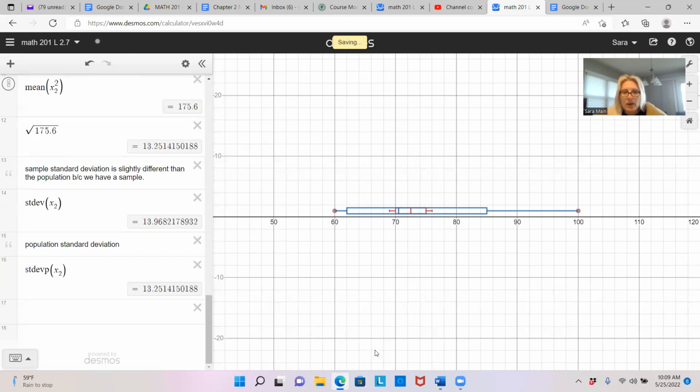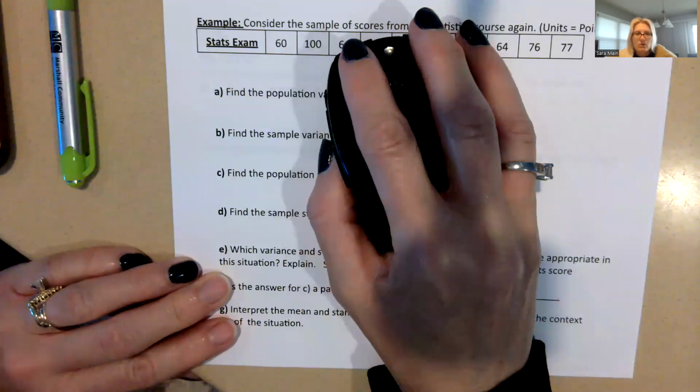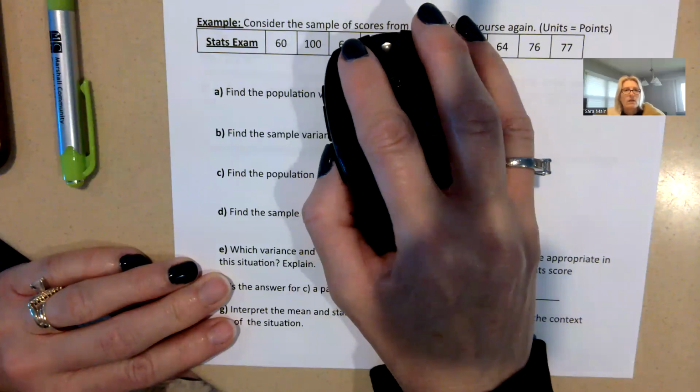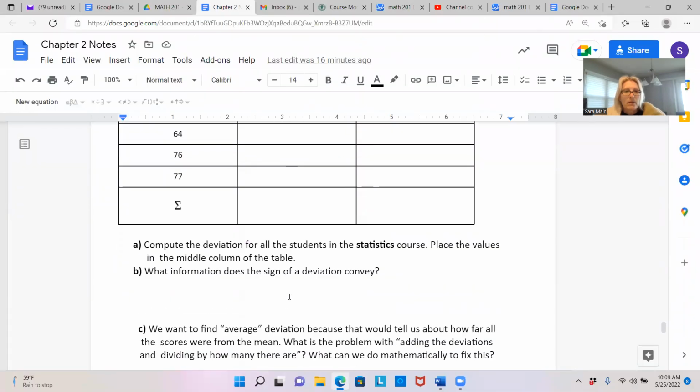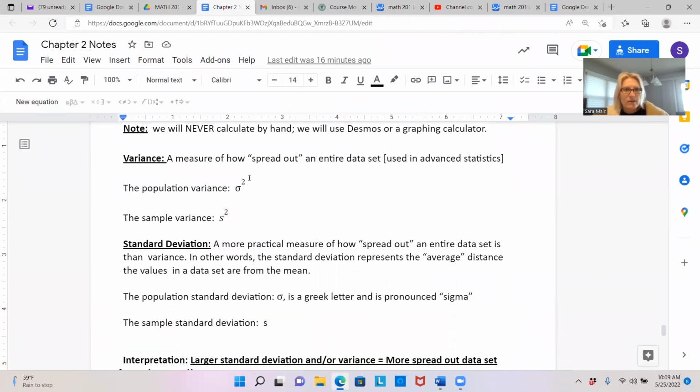So let's go back to our notes momentarily. I'd like to show you the symbols that we're going to use for the variance and standard deviation here. For the variance, we are going to use sigma.